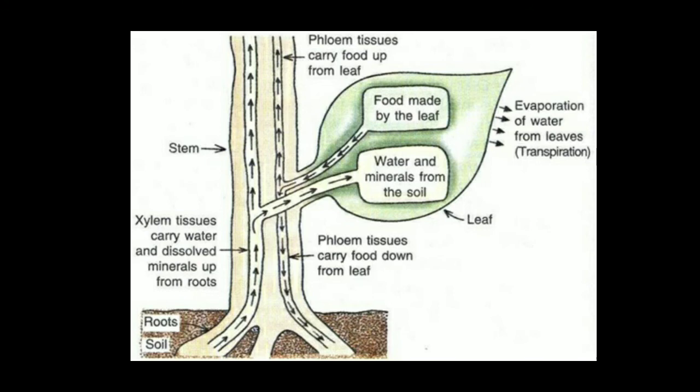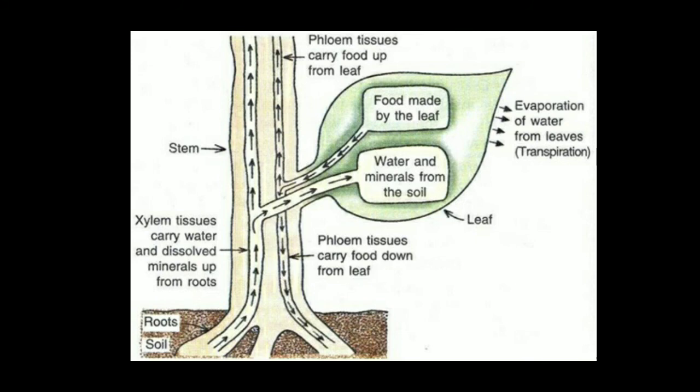Lastly, just look at this diagram. We all know there are two kinds of tissues inside the plant which are very important, xylem and phloem. If you look at this diagram, you will see how all this transport is happening.